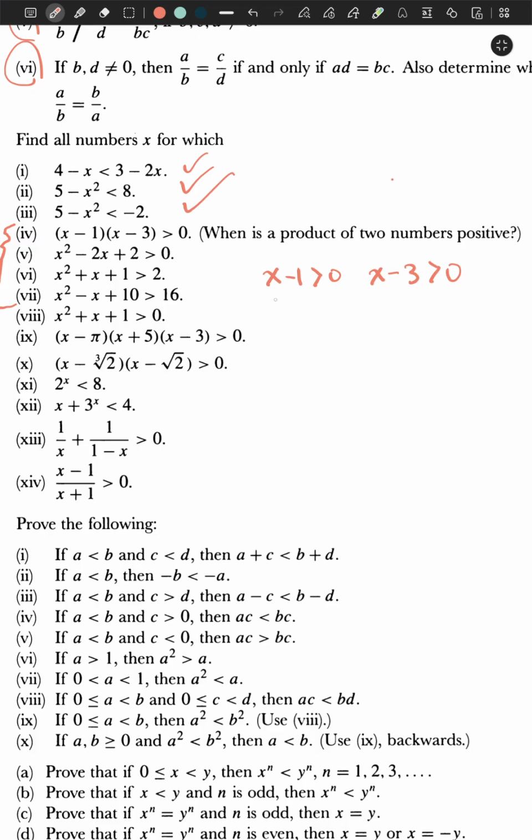At the same time, we know that when x − 1 < 0 and x − 3 < 0, then this also implies that the product of the two is greater than 0, right?